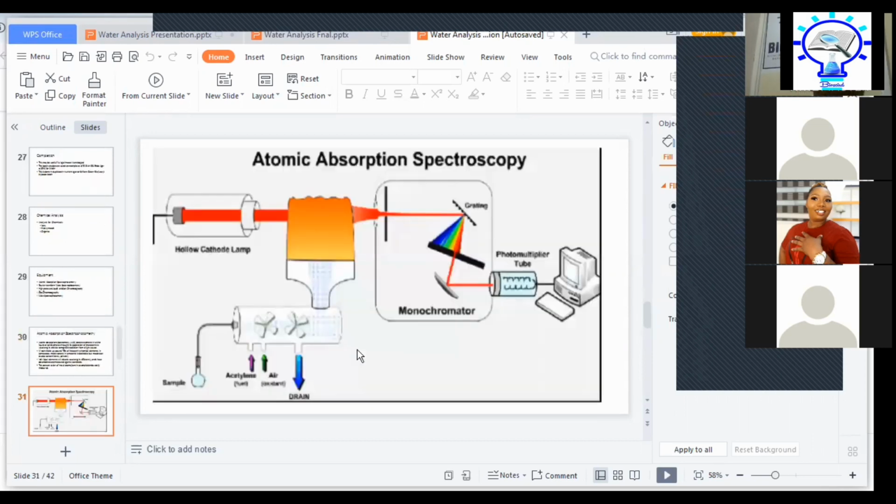The picture I've put on the screen now shows what we have inside that machine. If we remove the outer casing, this is what you have inside. You can see where you put your sample, how the sample goes into that chamber, how the sample is heated up.